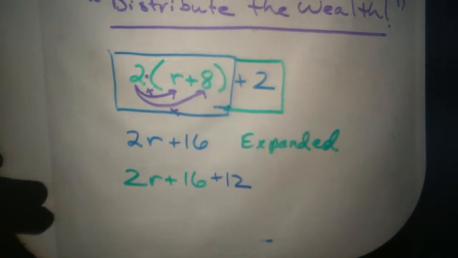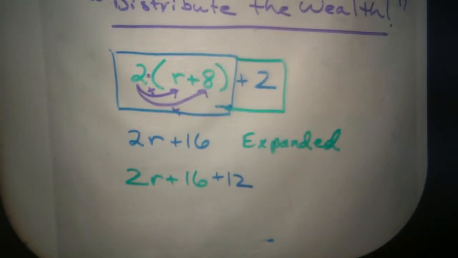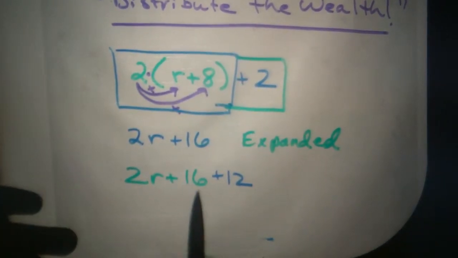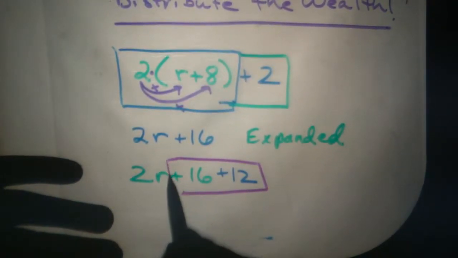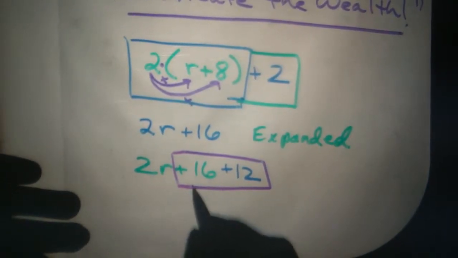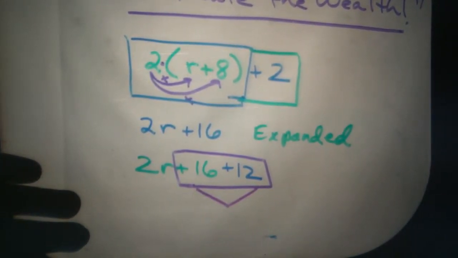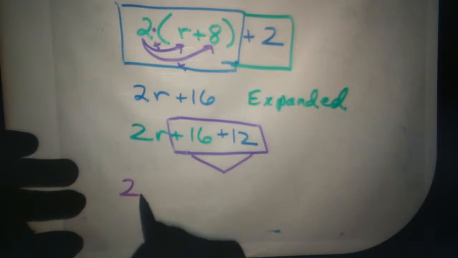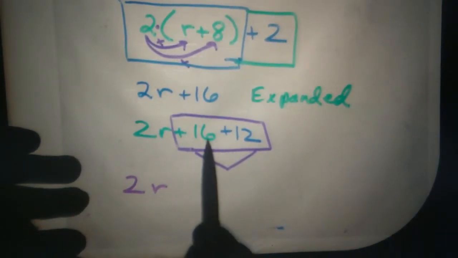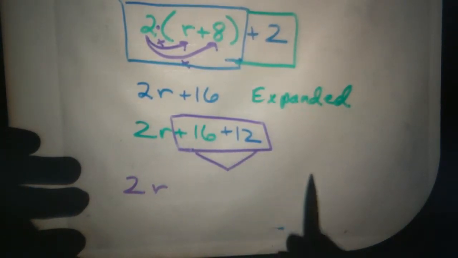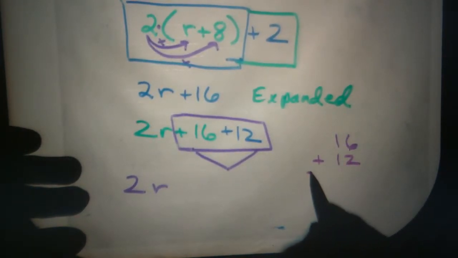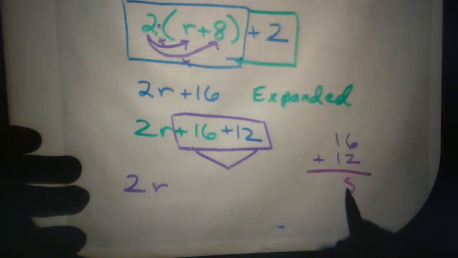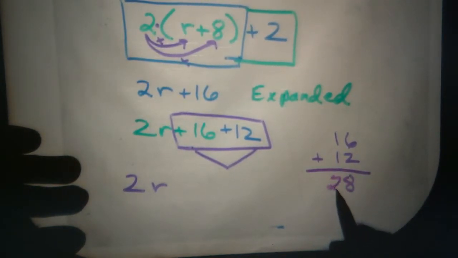To take it a step further, I now see I have some like terms I can deal with. I have 2 constants right here. In that case, I would then combine these 2. I would have the 2R, nothing's changed with that, but I would combine my 16 and 12. 16 plus 12 is 28.